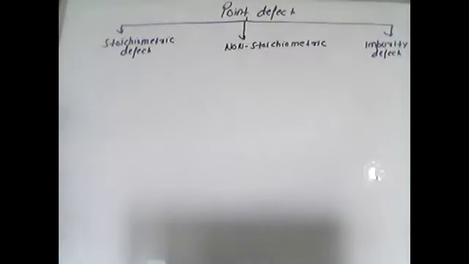So we have basically these three types of defects under point defect. These are the three further classifications.